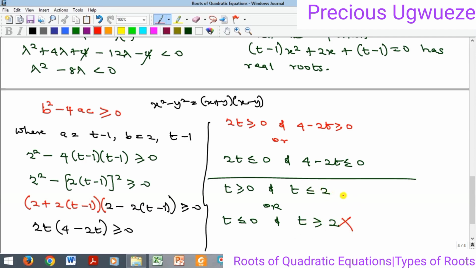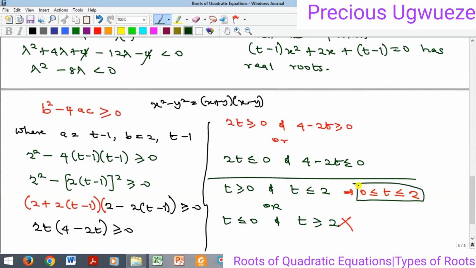So let's now bring this one together. This is going to give us 0 is less than or equal to t, and t is less than or equal to 2. So first of all, this is the range, assuming they asked us for range.